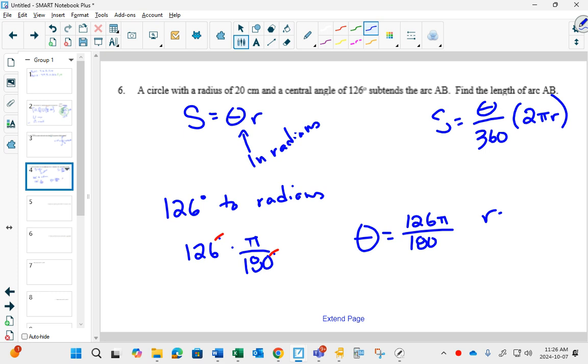We know that our radius is 20, so our arc length is just going to be our angle in radians times our radius.